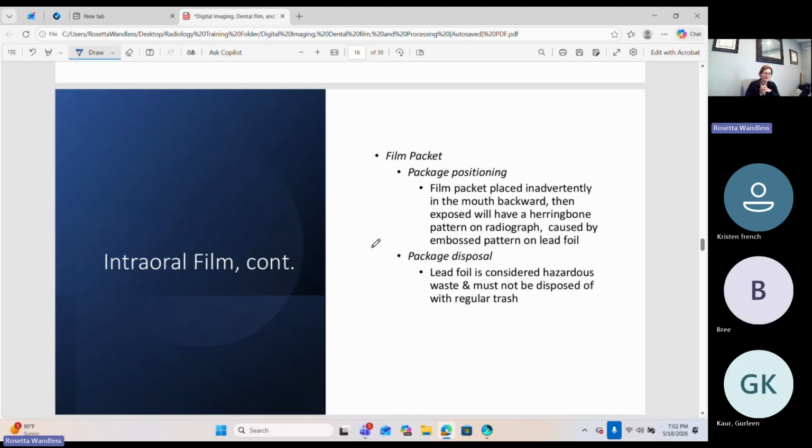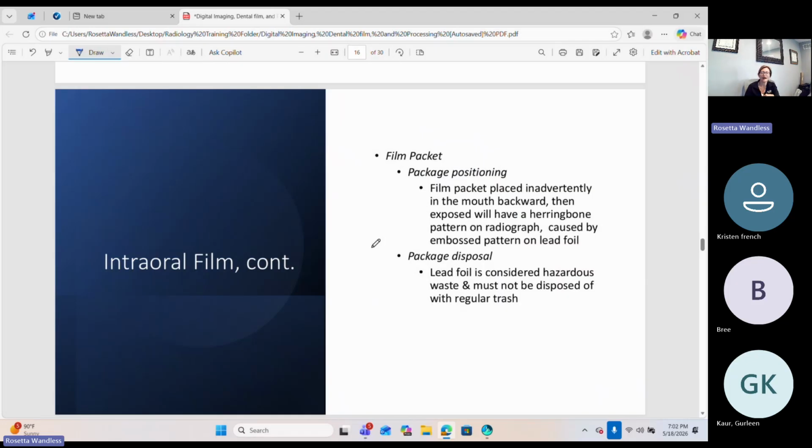So we're always going to have the label side away from the teeth, away from our X-ray unit itself, because that's the last part. Now, lead foil, and this is important if you're ever taking the test, we need to identify what is hazardous waste. Lead foil is considered hazardous and has to be disposed of separately, not with regular trash.